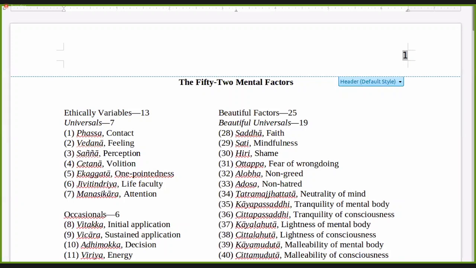Vitaka, Vichara, what is the difference? One example: the bee diving towards the flower is like Vitaka, and the bee hovering over the flower is like Vichara.